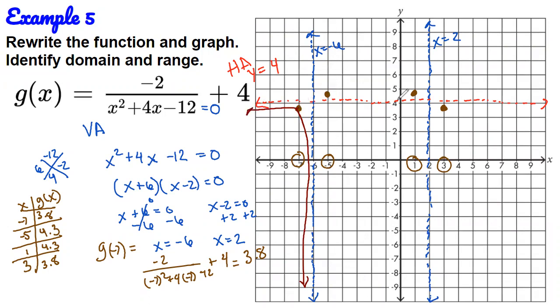My middle section goes through these 2 points, and it goes very close to my horizontal asymptote and very close to my vertical asymptotes. The last section over here goes very close to that horizontal asymptote and very close to that vertical asymptote. So we're going to have this type of graph.